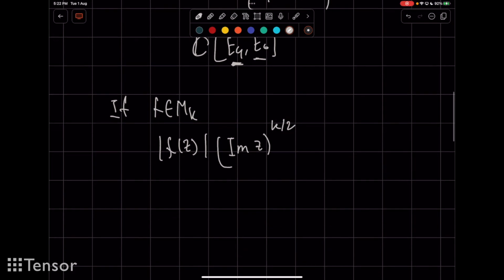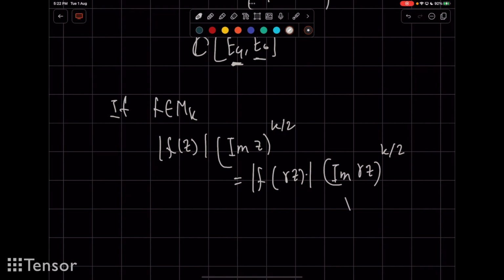Meaning this is exactly equal to |f(γz)| times the imaginary part of γz to the power k over 2, for all γ in SL2(Z), right? We proved it, and today we'll prove something related to this.